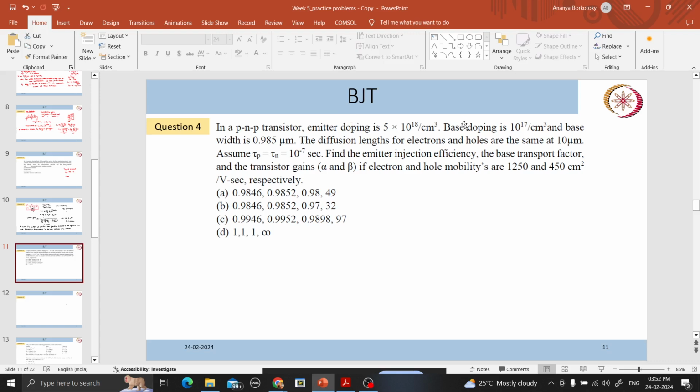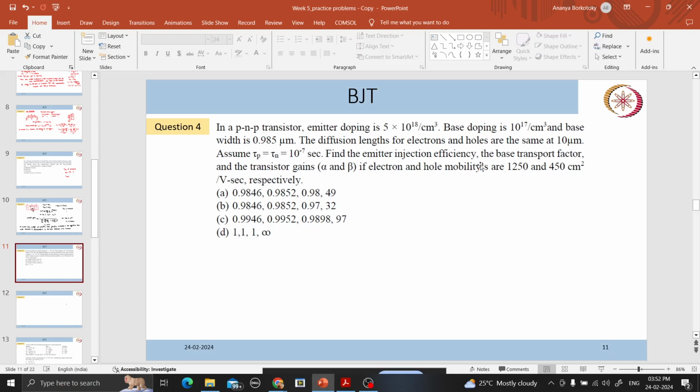The diffusion lengths for electrons and holes are the same, 10 micrometer, and tau n and tau p are given as 10 to the power minus 7 second. Find the emitter injection efficiency.